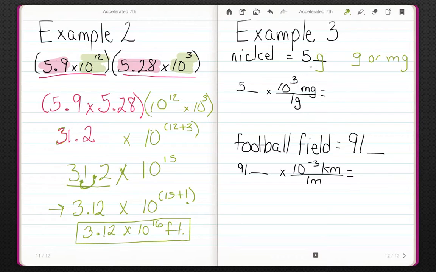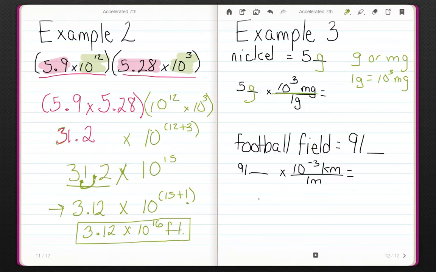But I want to convert grams into milligrams. And 1 gram equals 10 to the 3rd milligrams. So I'm going to convert. So 5 grams times 10 to the 3rd milligrams per 1 gram. So this line right here is the same as saying per 1 gram.